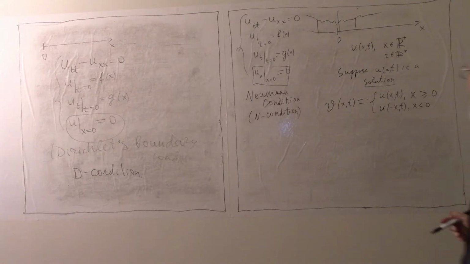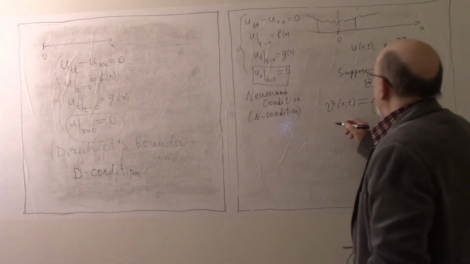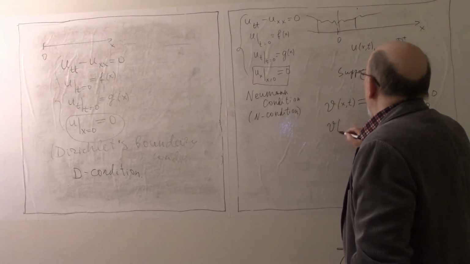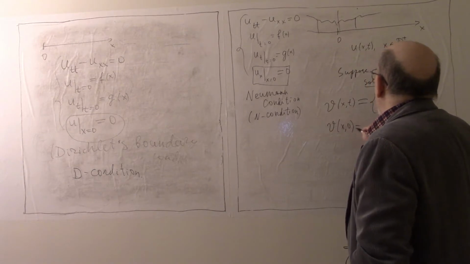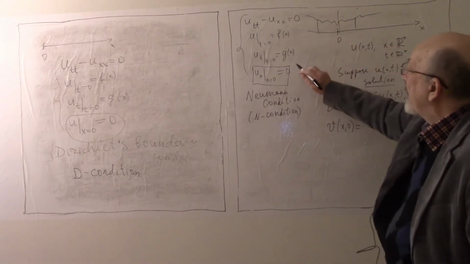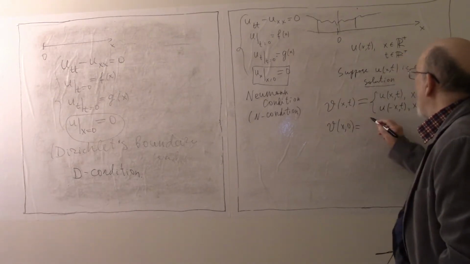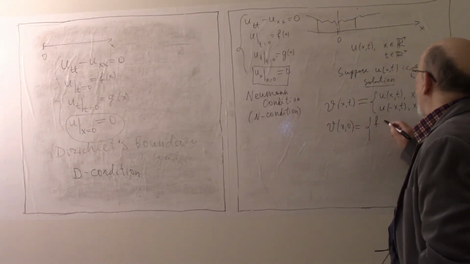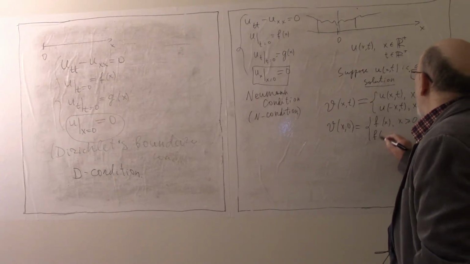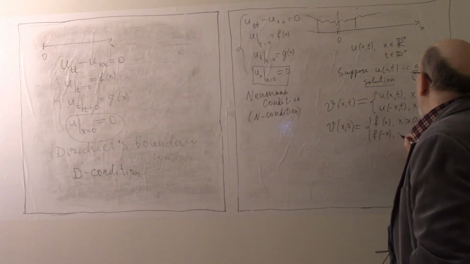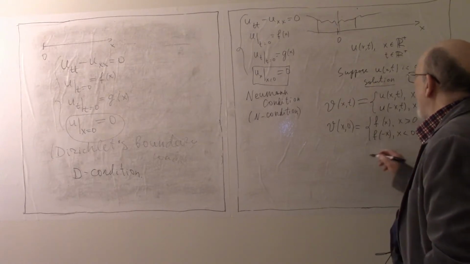Now, this means that in particular v of x,0 is also an even reflection of f. It equals f of x if x is positive, f of minus x if x is negative.